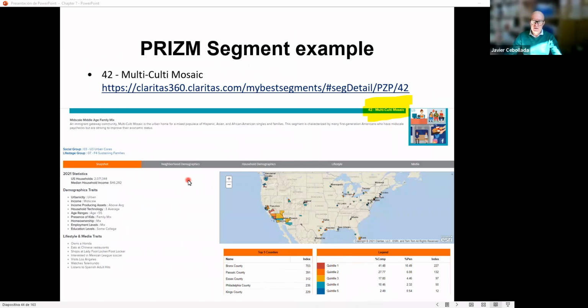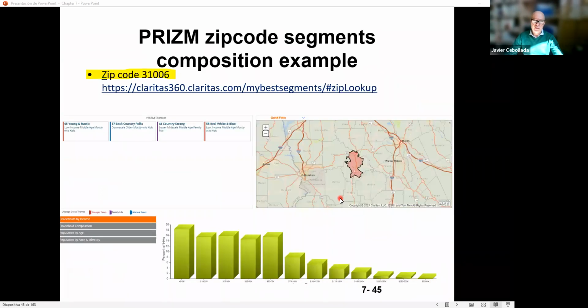Okay, and then, for example, when a retailer is going to open a new store, and they want to target a specific group of customers, they can know which specific district or zip code would be the best for the location of this store. And you can take a look at this website.